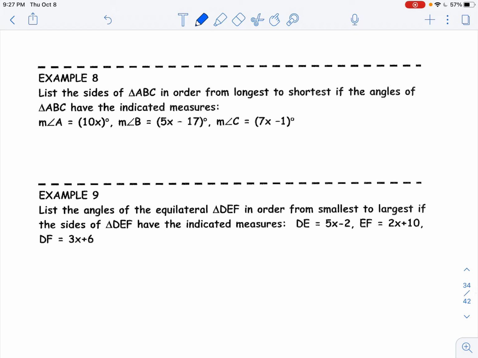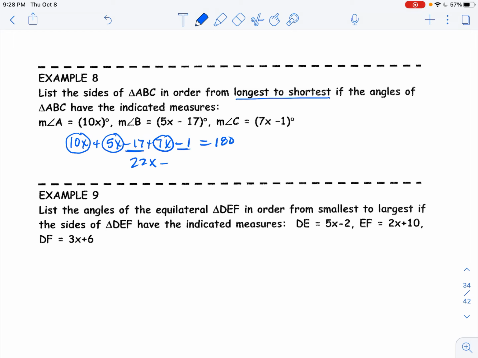Example 8 says list the sides of triangle ABC in order from largest to shortest, or longest to shortest, if the angles have the indicated measure. Alright, so these are our 3 angles, and we know that the sum of these angles is 180. So if I add these together, they'll equal 180. 10 x's plus 5 x's make 15, and 7 more make 22 x's.